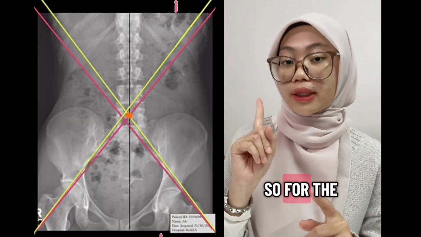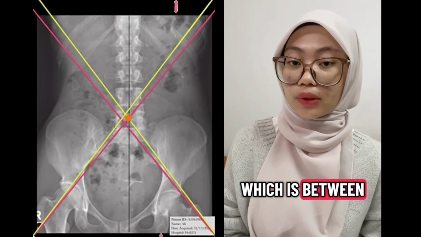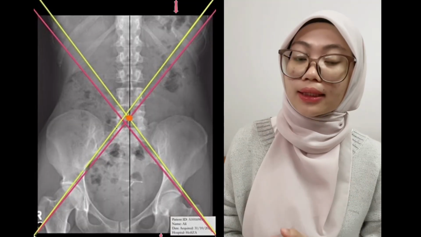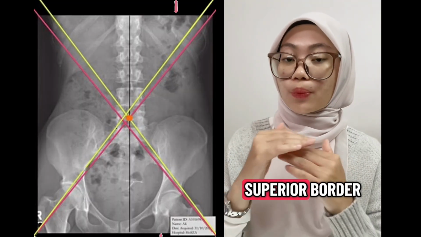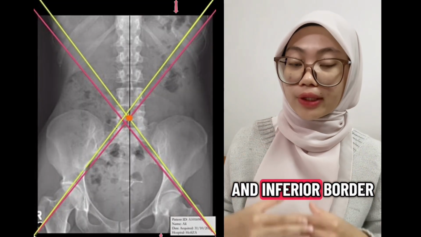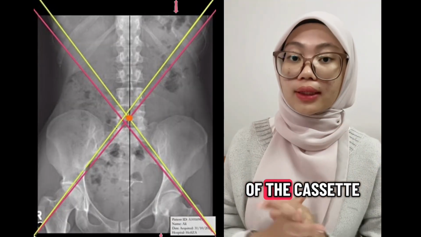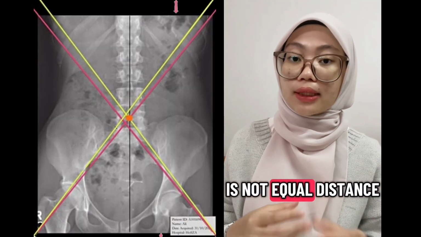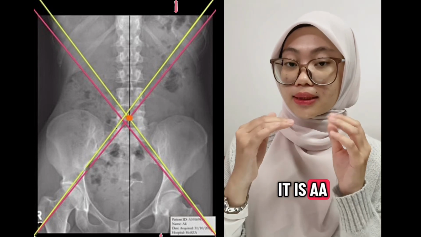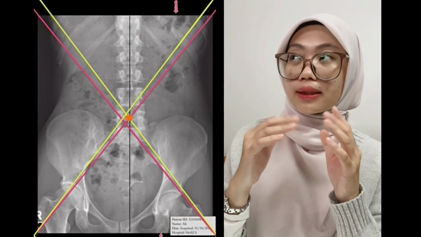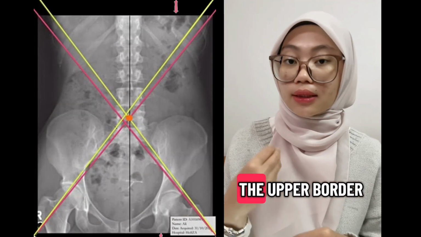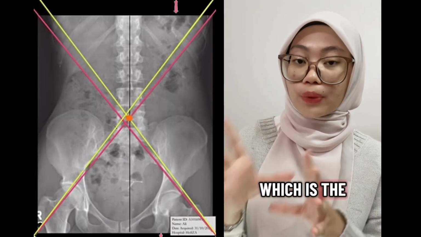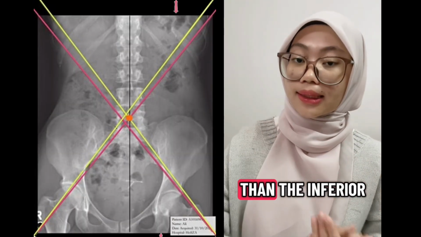The second one is the alignment. For the first alignment, which is between the X-ray tube and the cassette, we can see that the distance between the superior border and inferior border with the edge of the cassette is not equidistant. The X-ray tube is slightly inferior, which makes the upper border, the superior border, much larger than the inferior border.